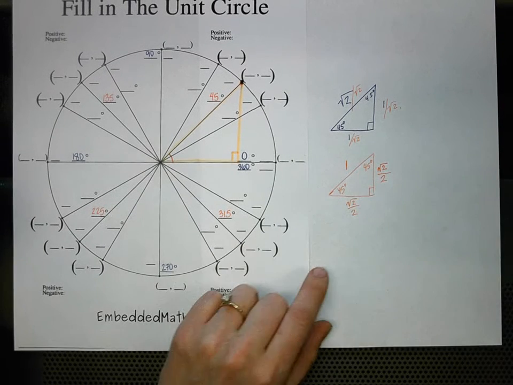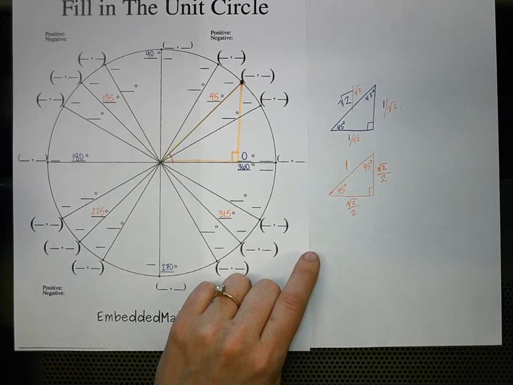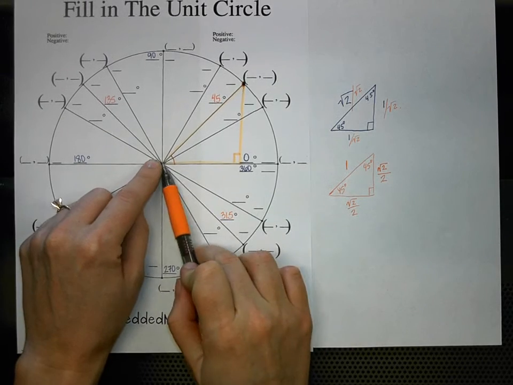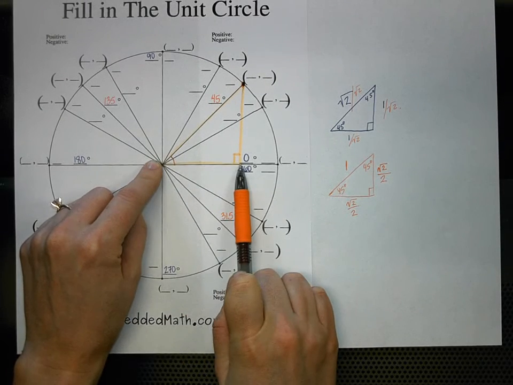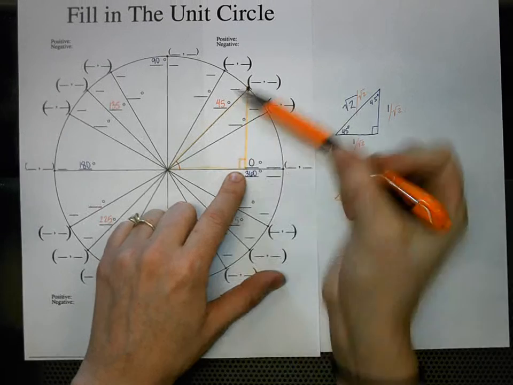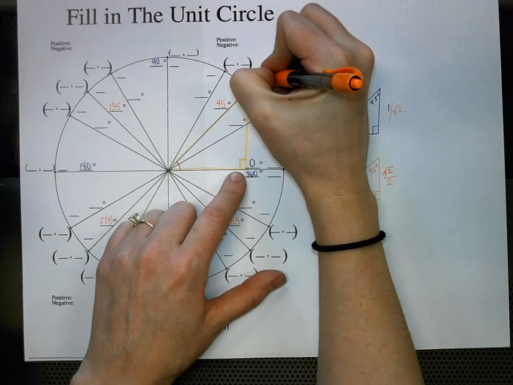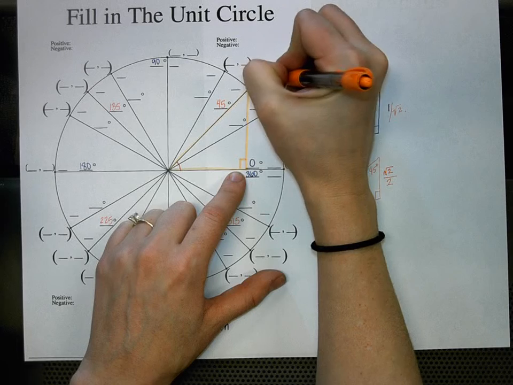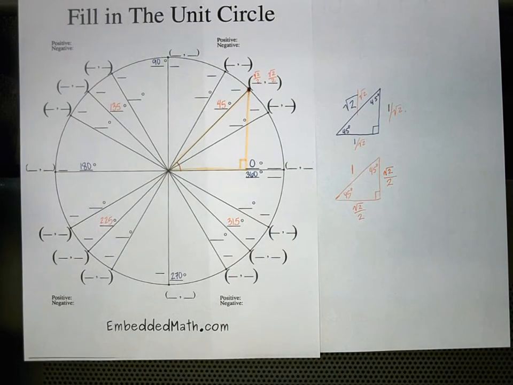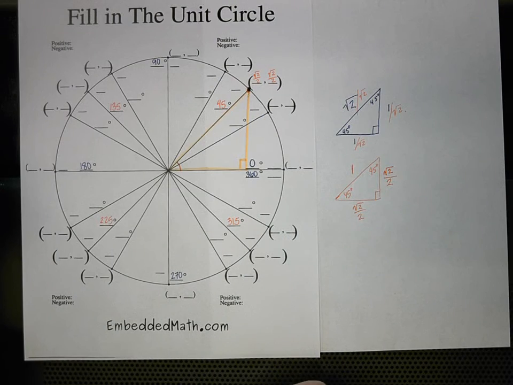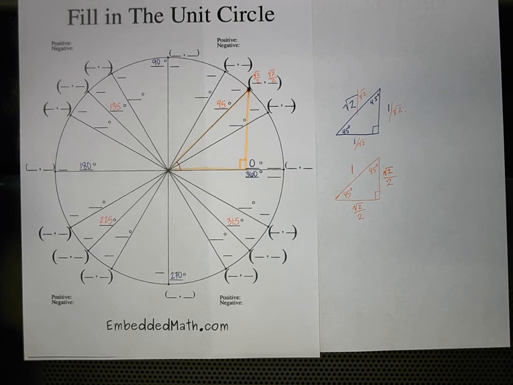Those two side lengths are the same, which means on this triangle we're going to the right, root 2 over 2, up root 2 over 2. So that is the x and the y value of the coordinate. Okay, questions on that first coordinate?